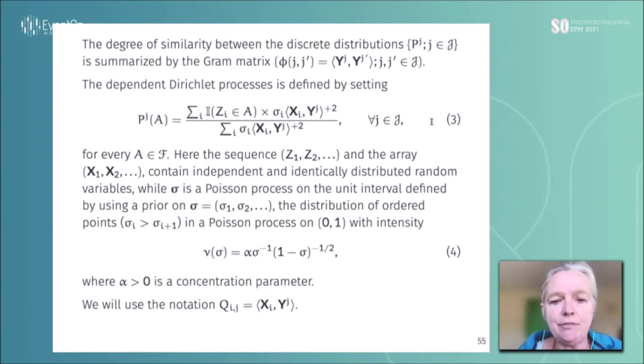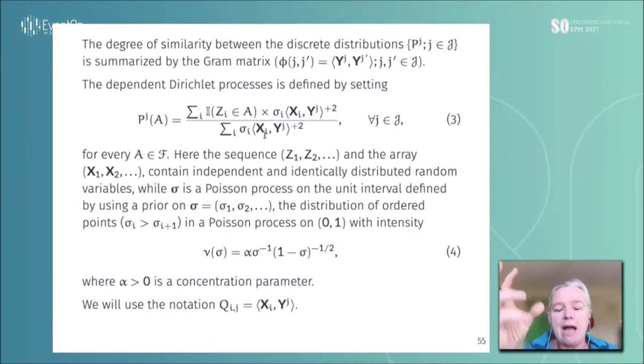And then we build up a dependent Dirichlet process so that we have realistic distributions, and we approximate it, the arrays, so that we build it from Poisson processes, in fact, with different intensities.